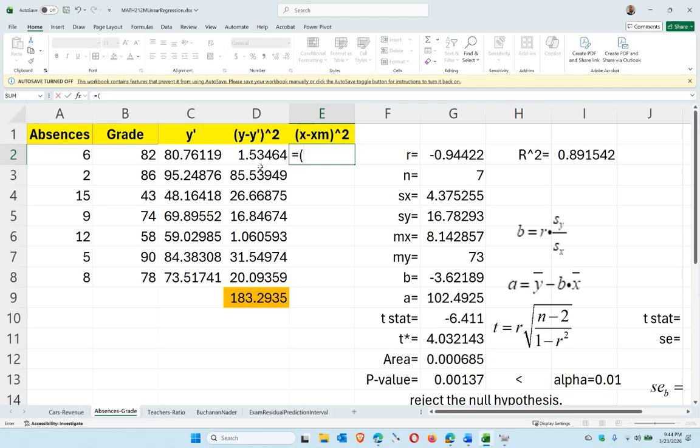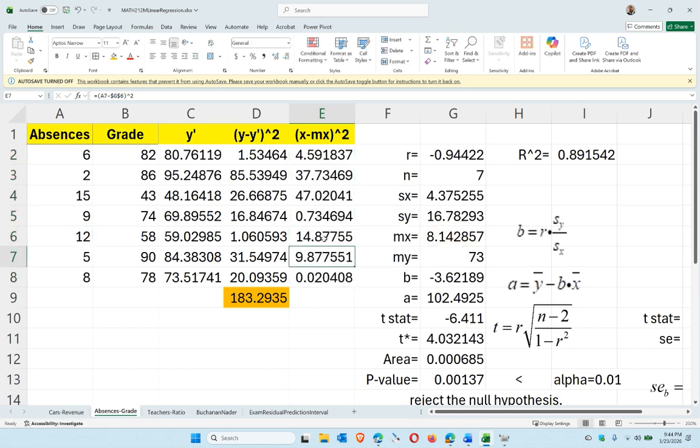I might have screwed that up, but that's okay. The observed minus the mean squared, but the mean doesn't ever change. We're going to keep a dollar sign on that. The mean of the x. Okay. Drag that down. Drag that across. So now we have the sum of all those ones. Those are our two pieces there, right?